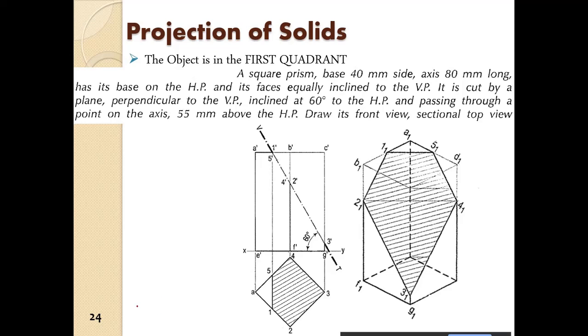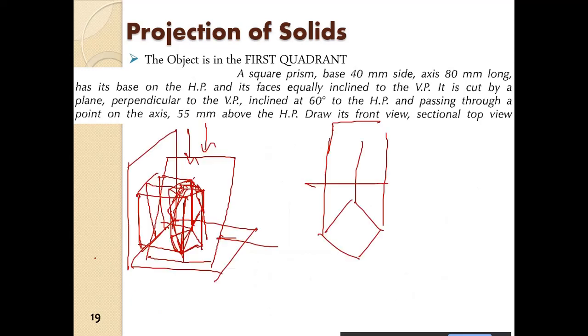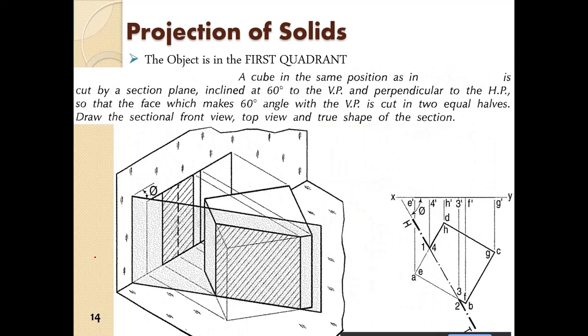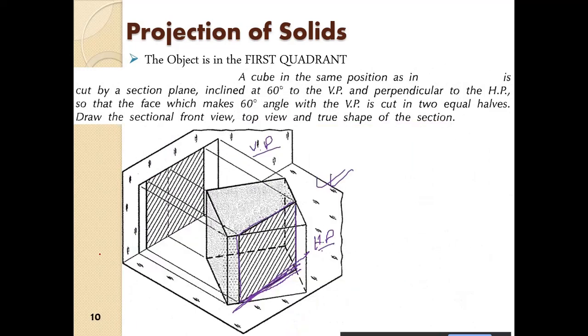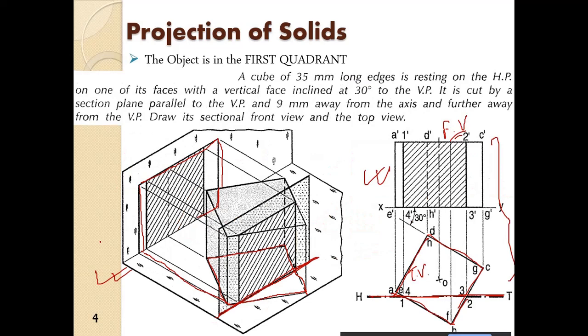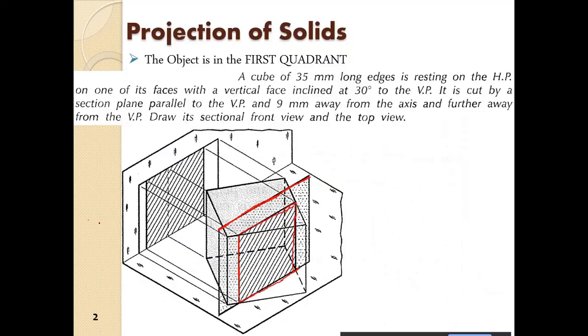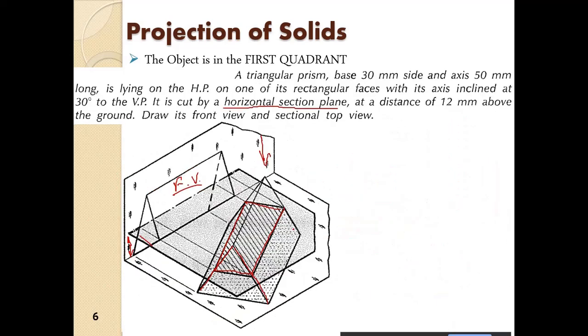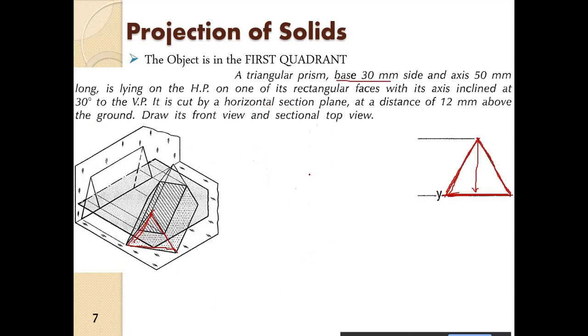For various inclinations of planes, we have discussed two conditions. One is where the plane is perpendicular to the VP, parallel to the HP. This is parallel to the VP, perpendicular to the HP. So this plane is parallel to the HP, perpendicular to the VP.